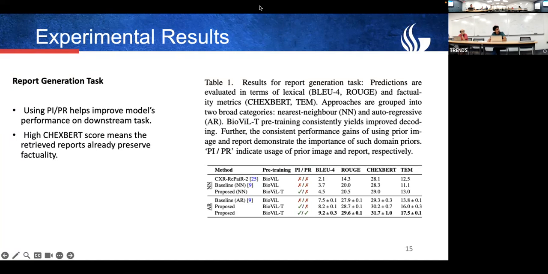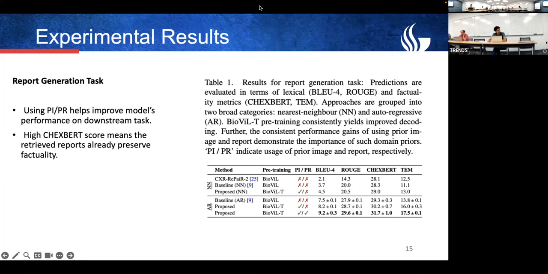If you have a look at the third column, you see PI, PR, right? PI means prior MH, they have used prior MH, and PR means they have used prior reports. So using PI, PR helps improve model's performance on downstream tasks.